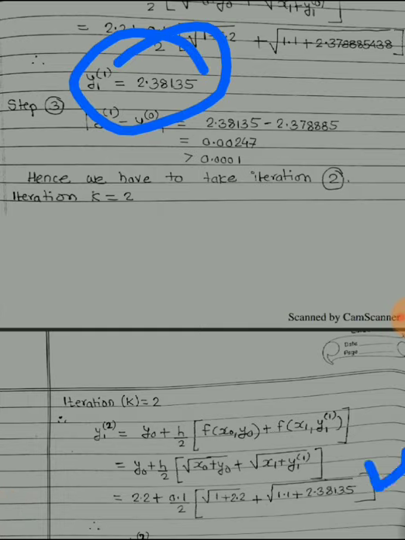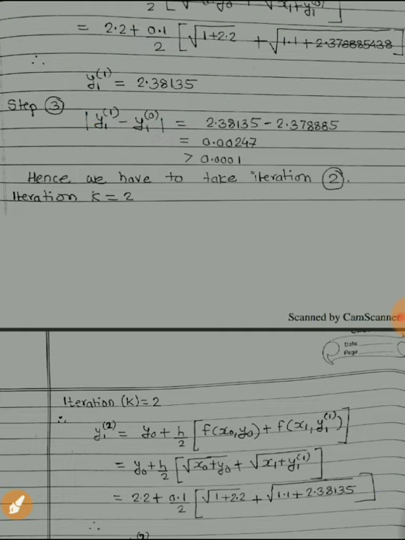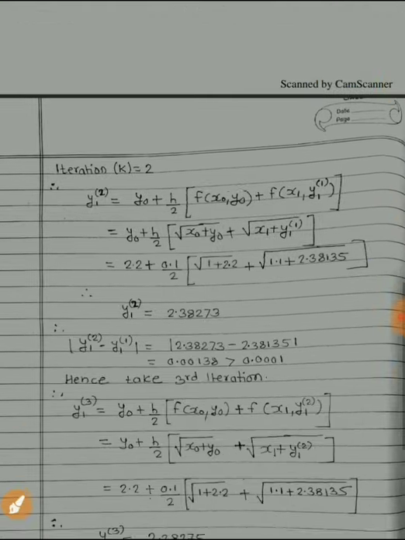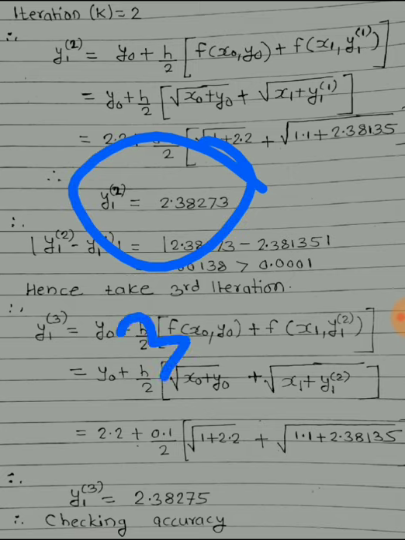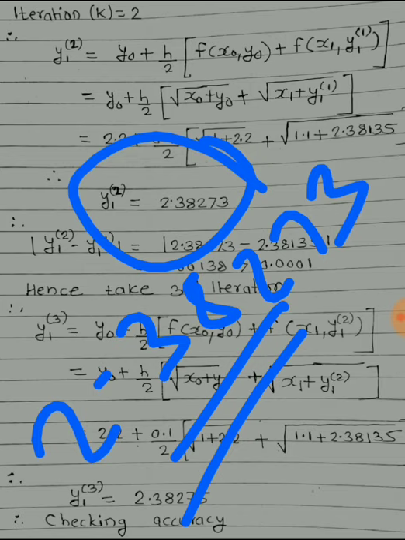So that same value I have used here. If I put that value and solve this, I will get y1 of 2, meaning after correcting the value of y1 a second time, y1 is equal to 2.38273.